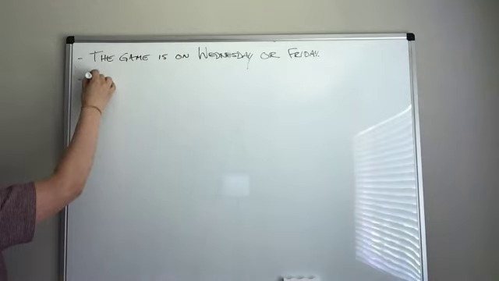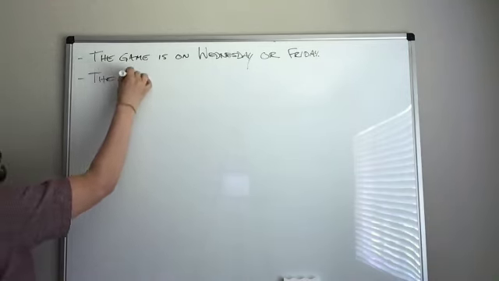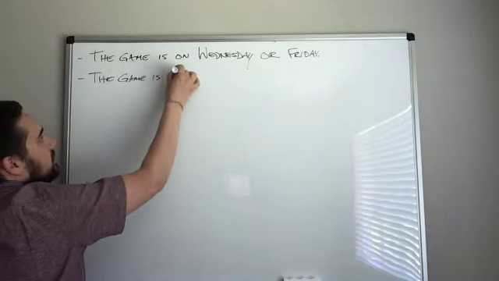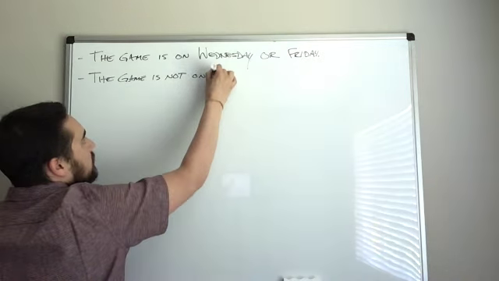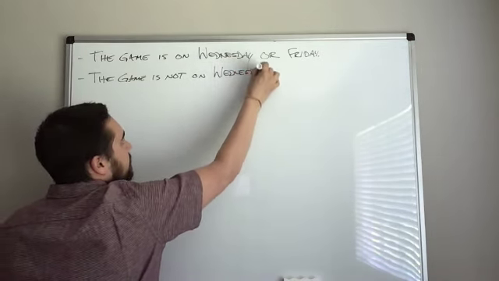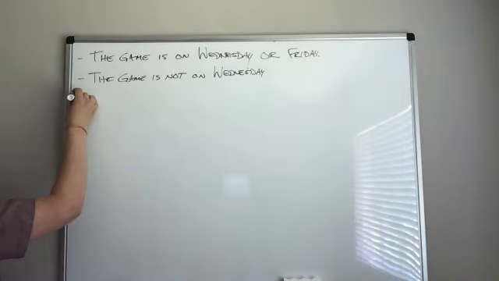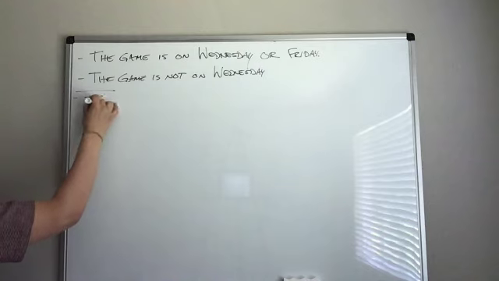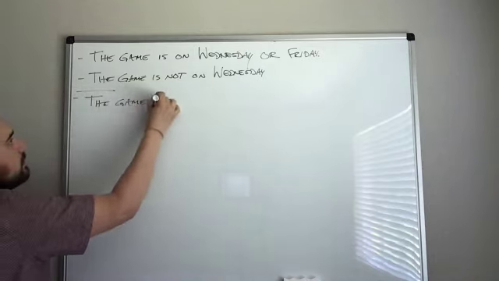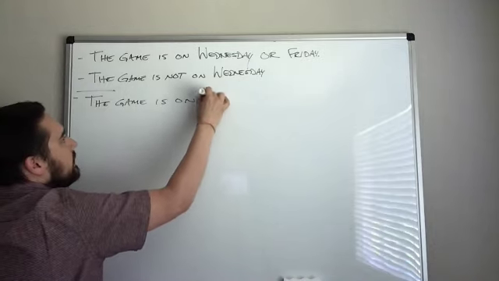Our second premise will say, the game is not on Wednesday. And then we'll have the conclusion be, therefore, the game is on Friday.